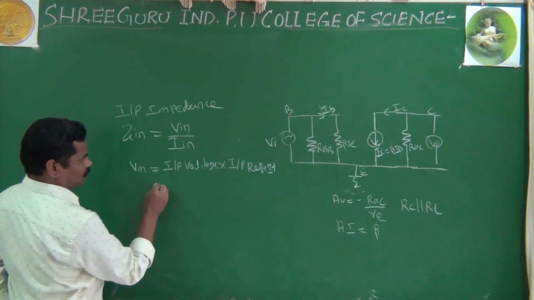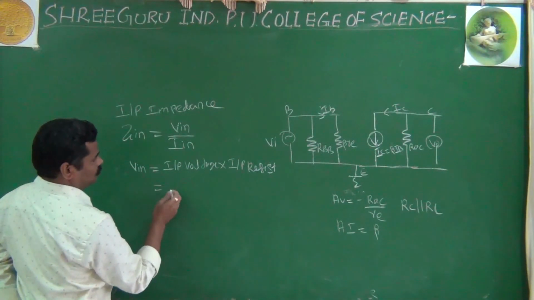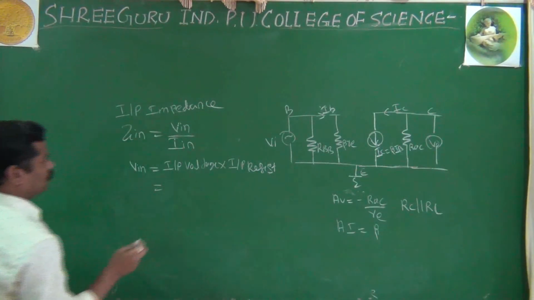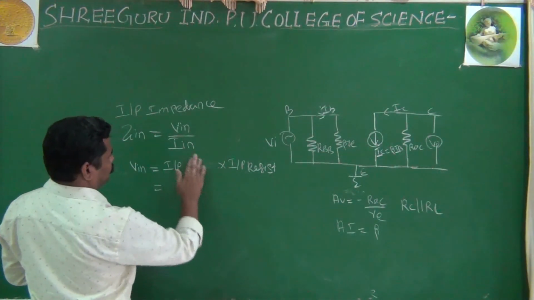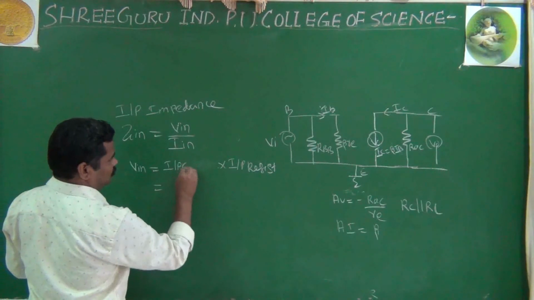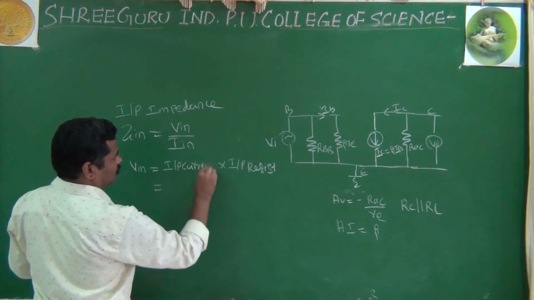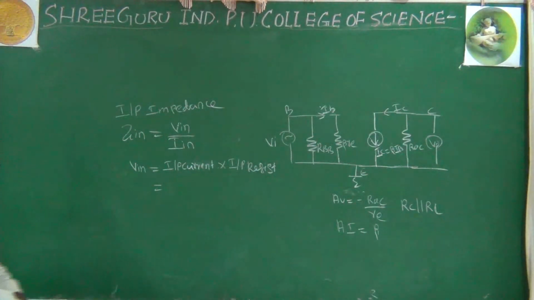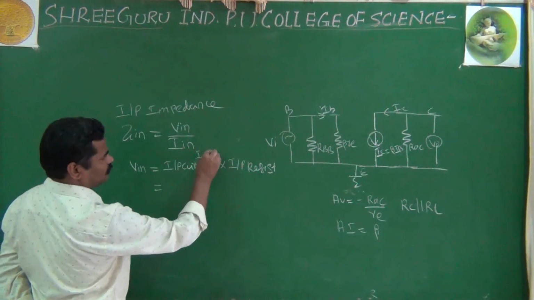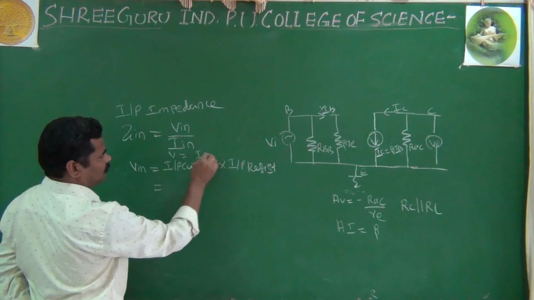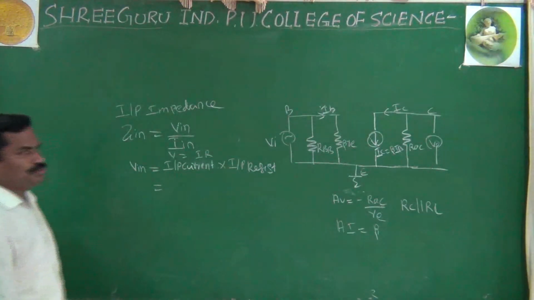Sorry, it is not voltage, it is current. Because V is nothing but I into R. V is equal to I into R, because you know about Ohm's law.